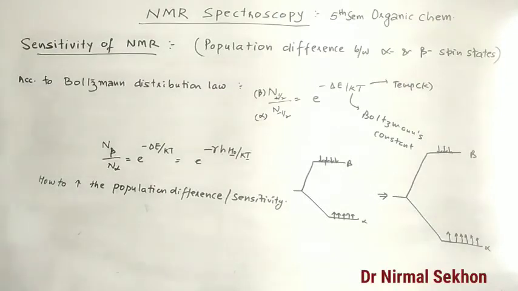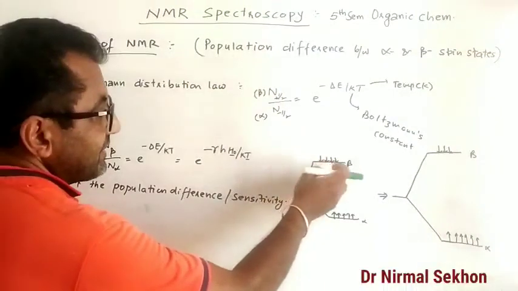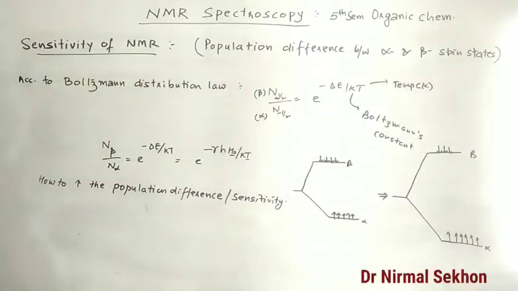This is called absorption. But some molecules, because at beta state energy is more, come back to alpha state simultaneously. When they come back from beta to alpha state, they emit energy. That is called emission. So absorption and emission take place simultaneously.